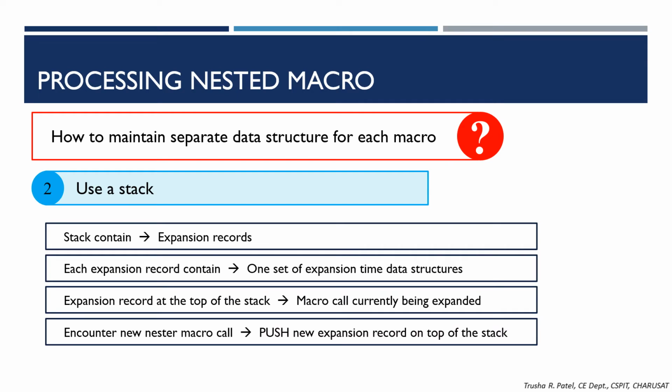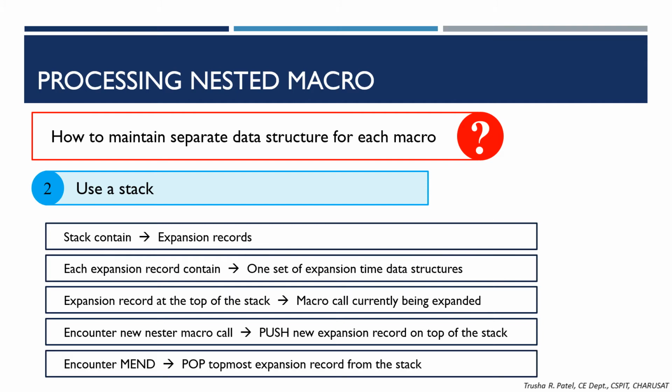Whenever we encounter a new nested macro call, we need to push the data of that particular macro on top of the stack. And whenever we encounter the macro end statement, we need to pop the data structure, or the expansion time record, from the stack.